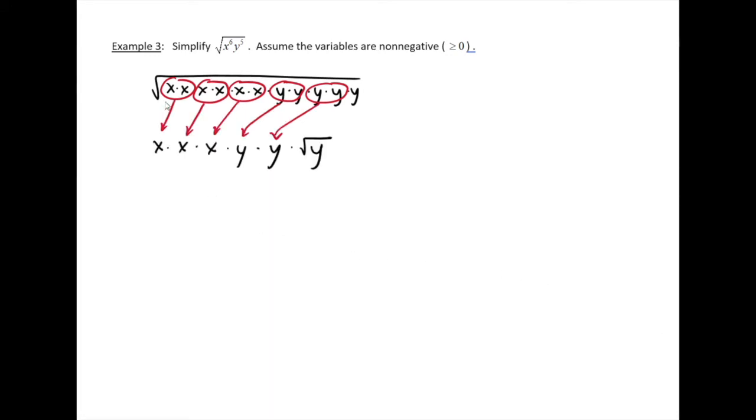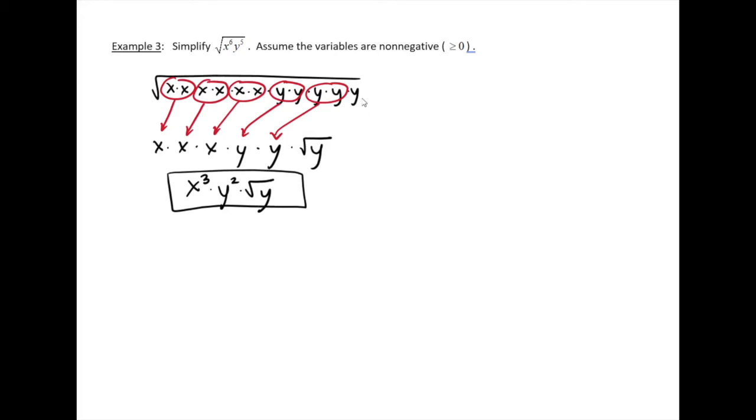That gives us that the square root of x squared is equal to x, and we get 3 of those products, and the square root of y squared is equal to y, and we get 2 of those. And remember, there was 1 factor of y left inside the square root. So this expression simplifies to x to the 3rd power times y to the 2nd power times the square root of y.